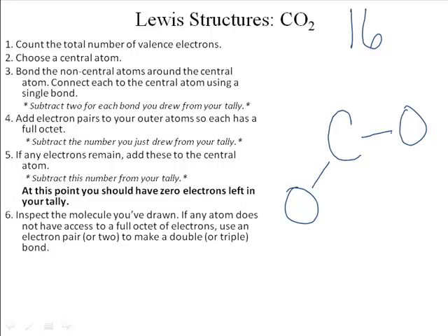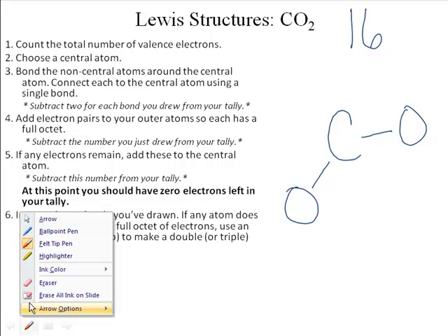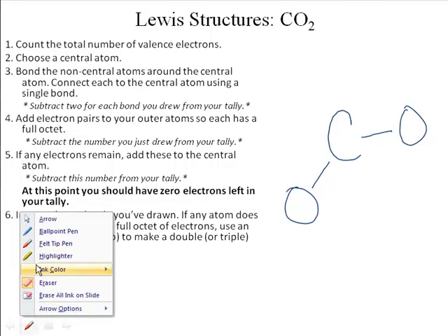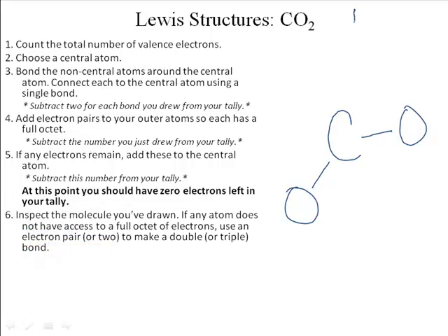As soon as I draw those lines, I'm now on step 3. I need to subtract electrons for each line I drew. I drew 2 lines. Each line contains 2 electrons, so I've now decreased my tally from 16, subtracting 2 and 4, so I now am down to 12 for my tally.